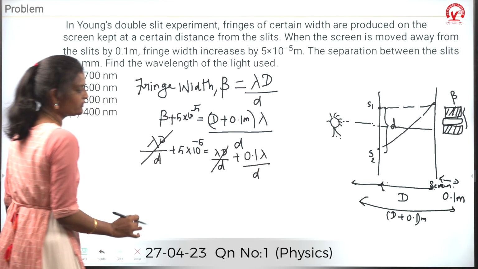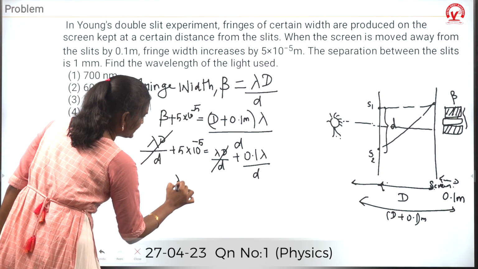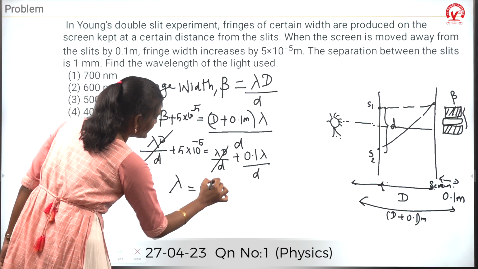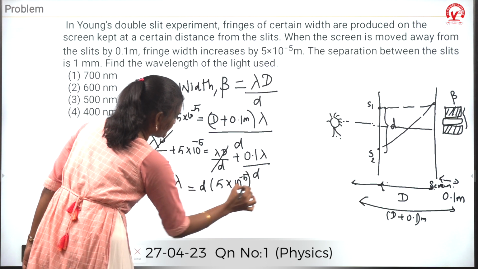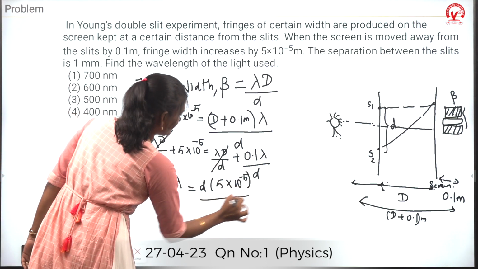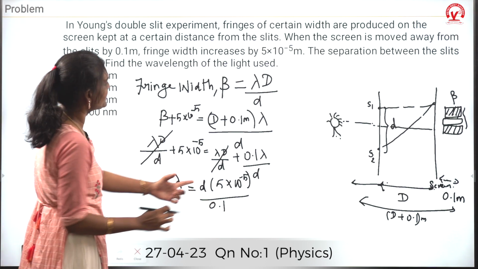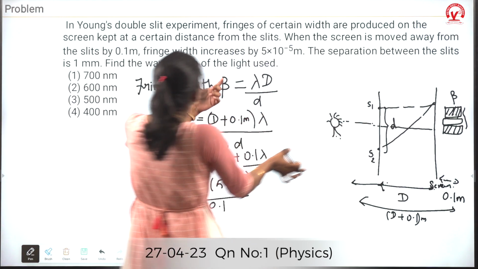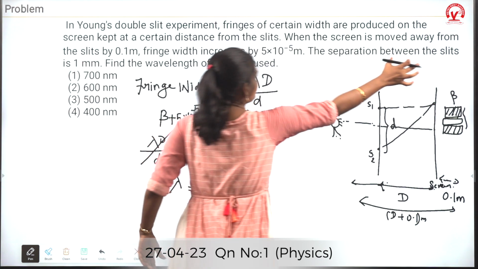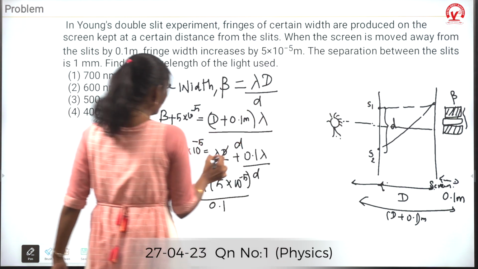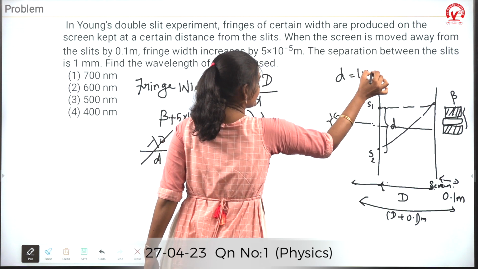Our aim is to calculate lambda, the wavelength of the light used. Now lambda is equal to d into 5 × 10^-5 divided by 0.1. What is the distance they gave? Small d, the distance between the two slits, is 1 millimeter. So the d value given is 1 millimeter.